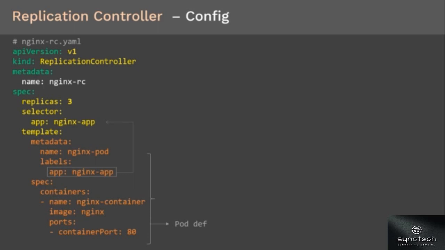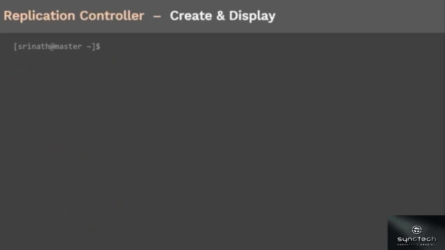So now, let's go ahead and deploy this Nginx app using the Replication Controller. To deploy, we use kubectl create command, followed by manifest file name, which is nginxrc.yaml file. Once you run this command, you should see nginxrc replication controller is created successfully.